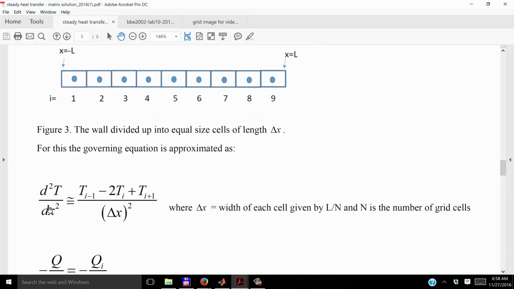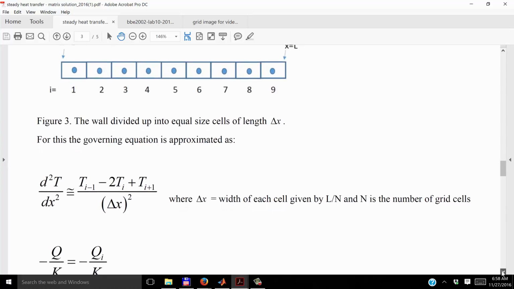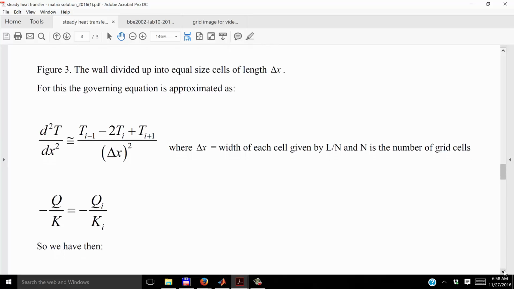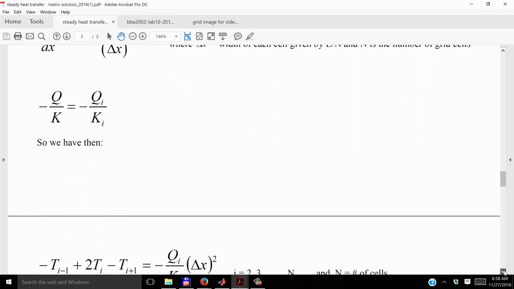So taking the differential equation and replacing the derivative by an algebraic expression that's shown here, the right-hand side is just the ratio of Q over K, which is just the heat generation rate Q in grid cell I divided by the thermal conductivity of grid cell I. In our application, we're going to keep those values the same for all grid cells.